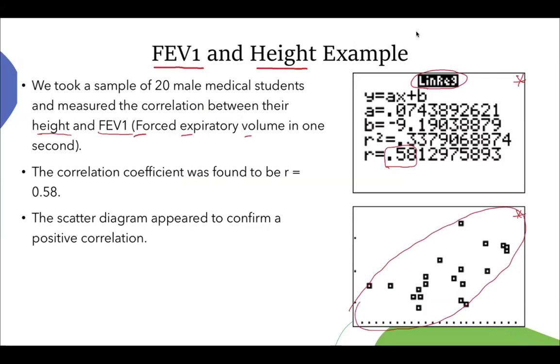We don't see all the points clustered close together, forming a perfectly straight line. So we're not at a strong correlation, but it is a positive correlation. Okay, and 0.58 seems to be a reasonable R value for points that look like this. Definitely moving upward from left to right, but not quite terribly strong.